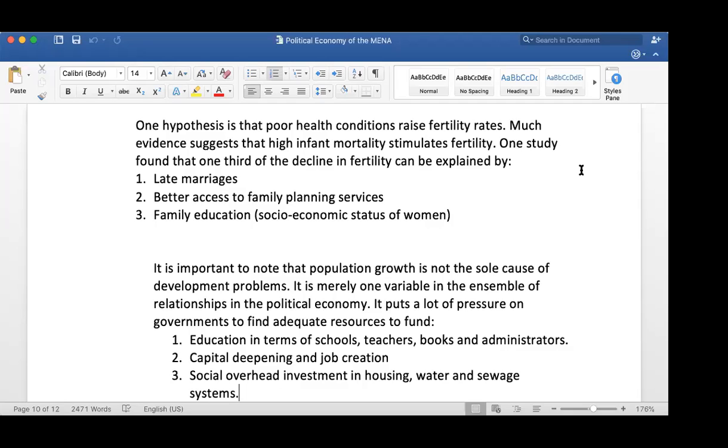However, things didn't go as smoothly as Ayatollah Khomeini hoped, simply because of social traditionalism and also the war with Iraq during the 1980s, which combined to produce pretty much a pro-natalist policy.